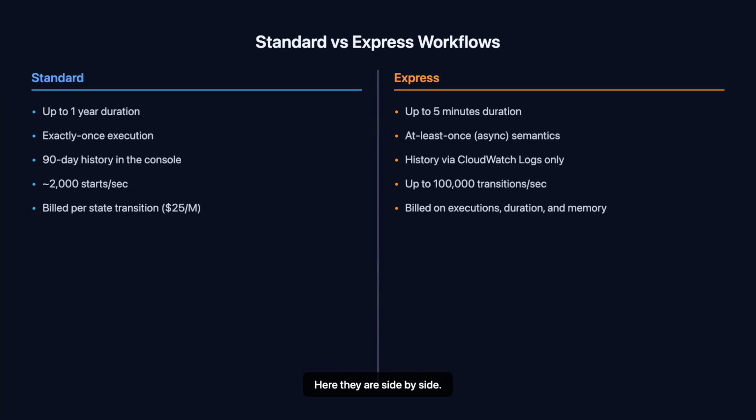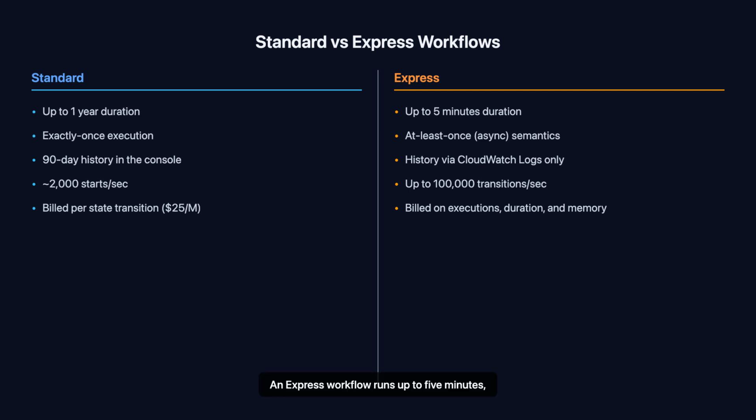Here they are, side by side. A standard workflow runs up to a full year, gives you exactly once execution, keeps 90 days of history right in the console, handles around 2,000 starts per second, and is billed per state transition, $25 per million.